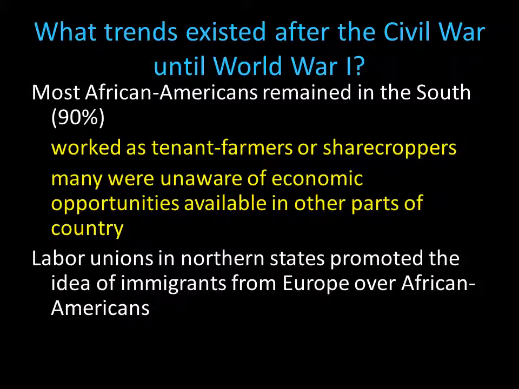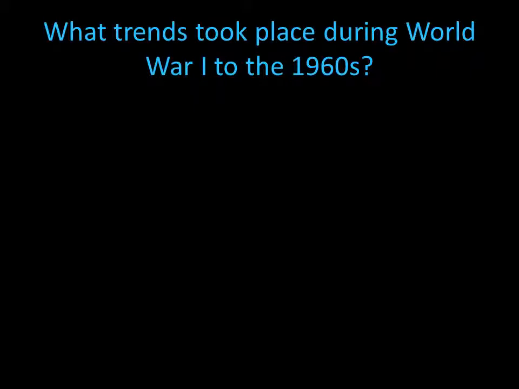Well, the next question we have to answer is, all right, well, what happens to African Americans after World War I? So our next question will be, what happened in our country, what happened to the distribution of African Americans in our country during World War I?